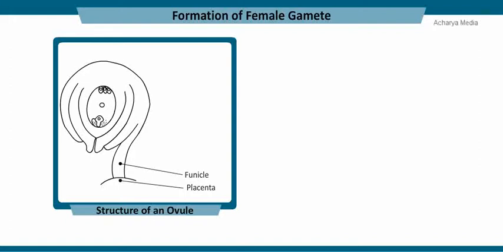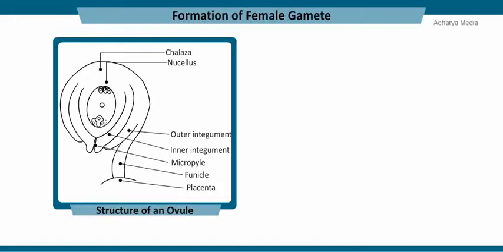Ovule is covered by 2 integuments, the outer and inner. These integuments enclose the tissue called nucellus and are separated at a place where they form a small pore called micropyle. The basal part of the ovule is known as chalaza.